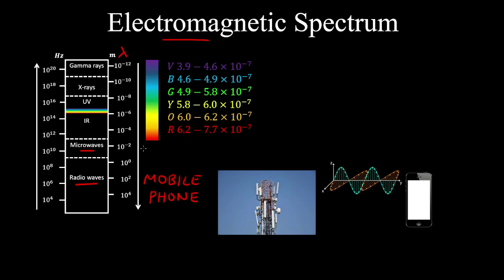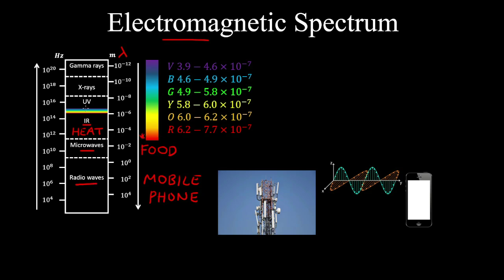So for example, the waves in a microwave to heat up food. And an example of an infrared wave is the heat or energy emitted by a thermal body. So infrared means it's below red.